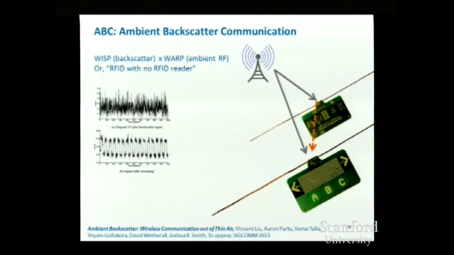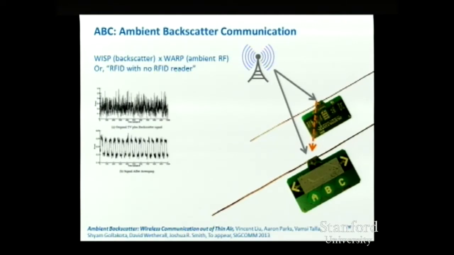But it's really exciting that you can do this, because what it means is you have these tags that have no particular infrastructure other than some ambient RF. These things can be powered perpetually, continuously, and they can communicate with each other, even though you didn't have to deploy any infrastructure.